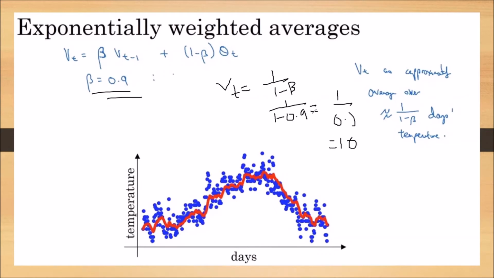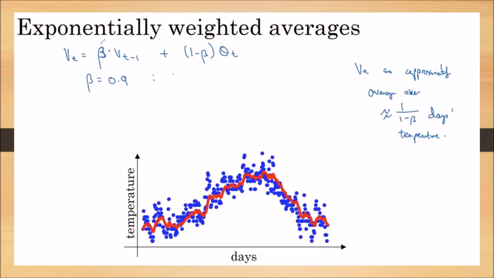So if we take beta as 0.9, we can calculate the moving average or exponentially weighted average for 10 days, or in our example, the 10 days average temperature. If we take beta as 0.9, then if we want to find the 11 days average temperature, we should change the weight.